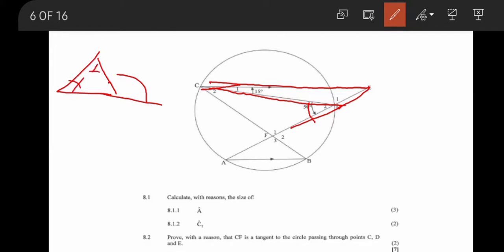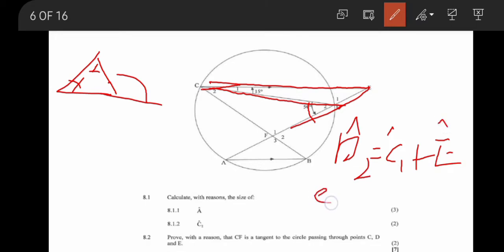You can see that here, whereby our D2 will be equal to C1 plus E. The reason being: exterior angle of a triangle. So this exterior angle must be equal to the two opposite interior angles of a triangle.